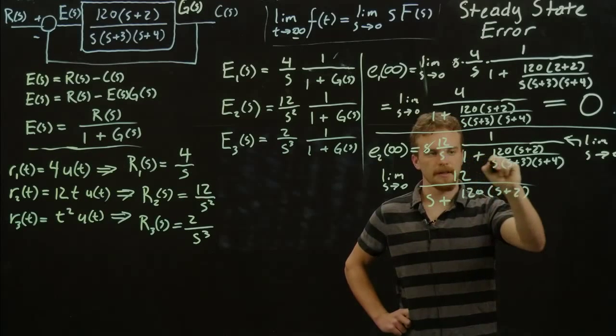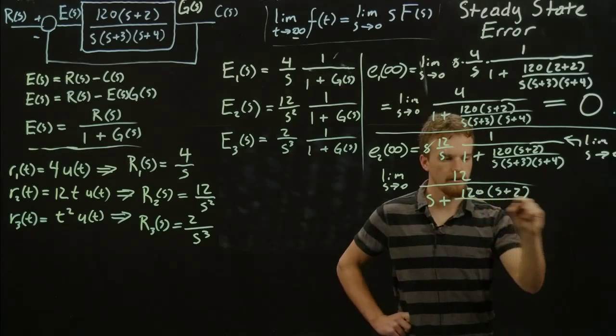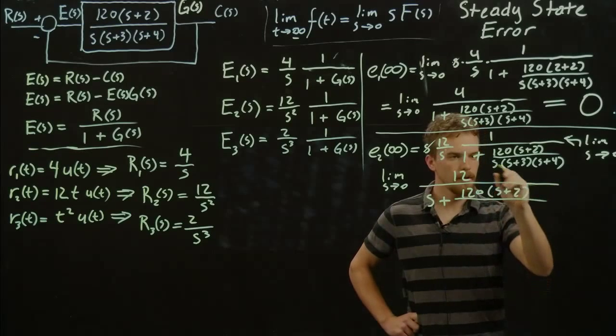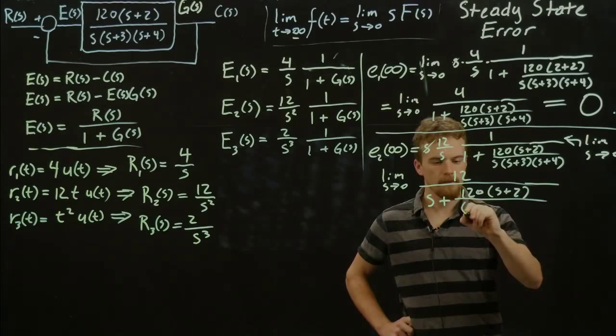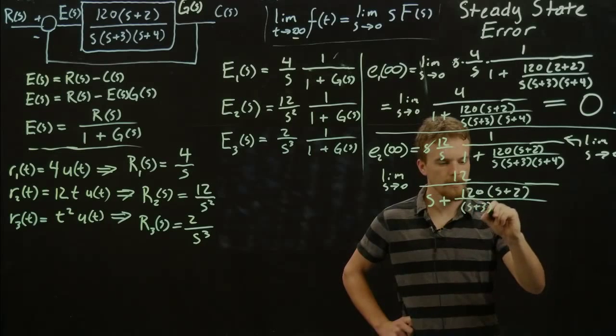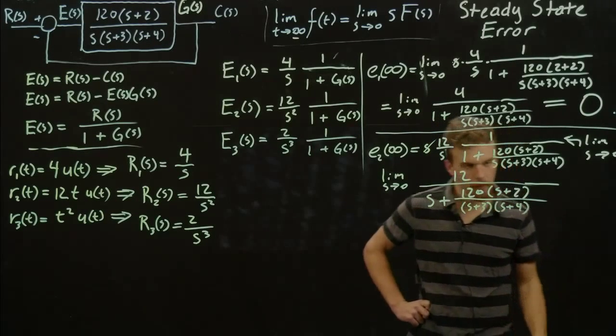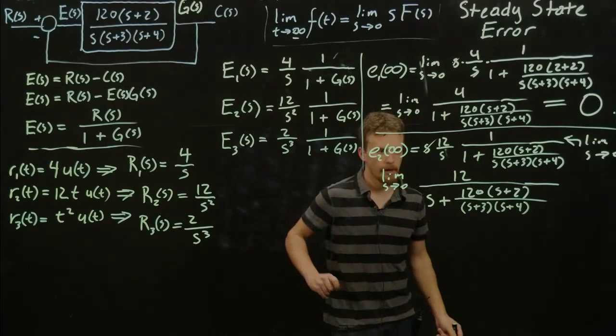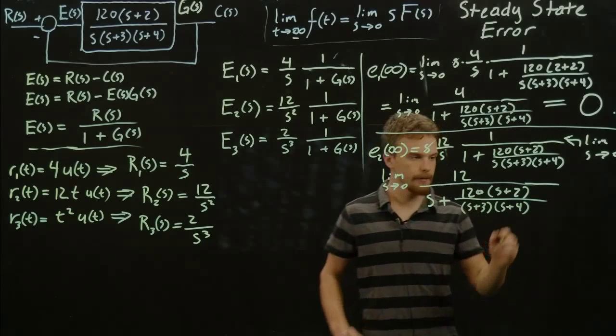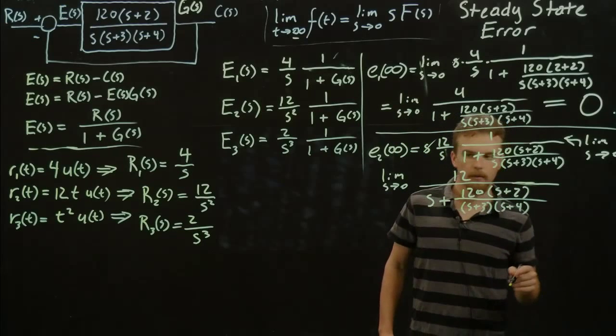So this s cancels with this s, and we get down here s plus 3 times s plus 4. Okay. So that's about as simple as we can get the expression.